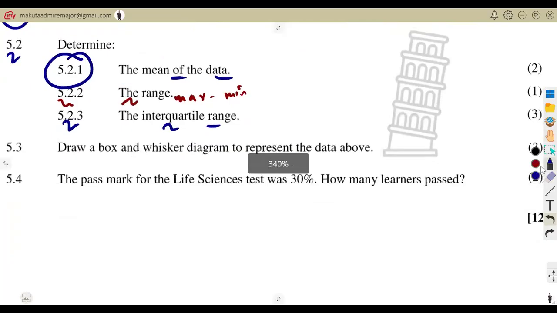Then on 5.3, they want you to draw a box and whisker diagram to represent the data above.